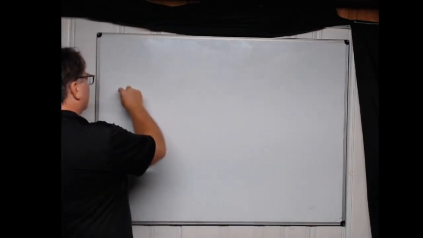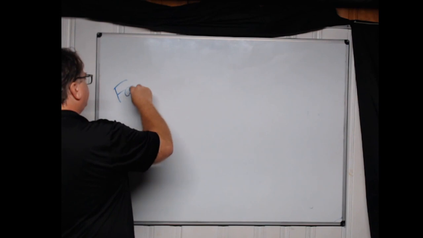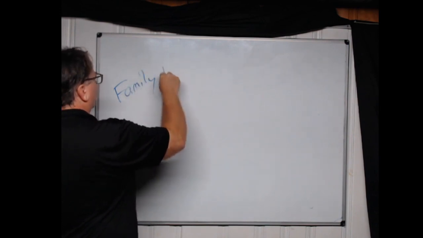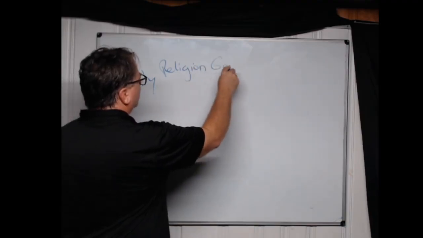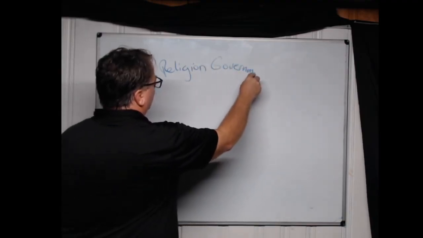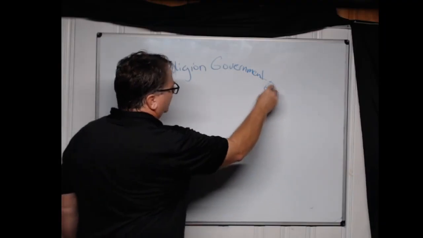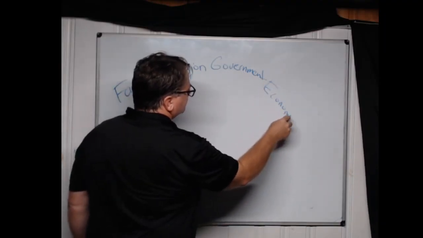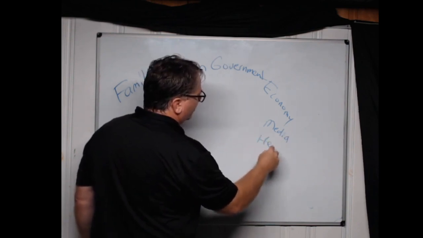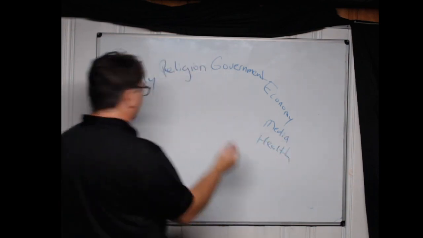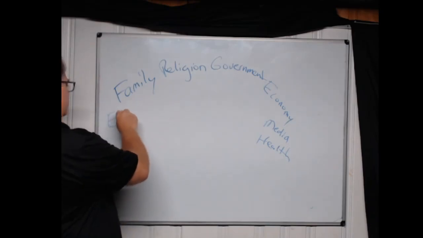And these social institutions are family, religion, government, the economy, media, health, and I'm going to come back over here and write education.